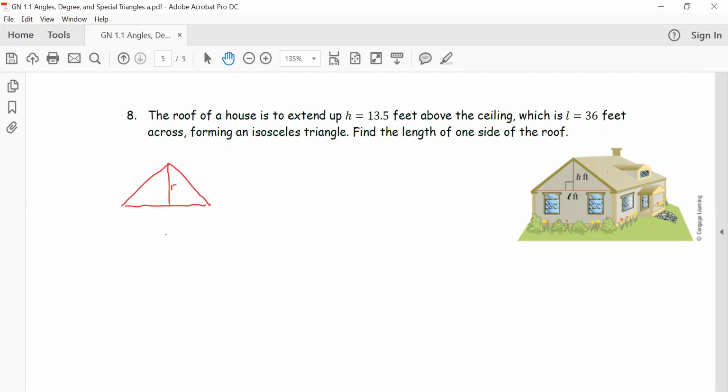Extended up 13.5 feet, and the length across is 36. That means a half of it is 36 divided by 2, or 18. We are going to find the length of the roof. As you see, it forms a right triangle, which is a half of the isosceles triangle.